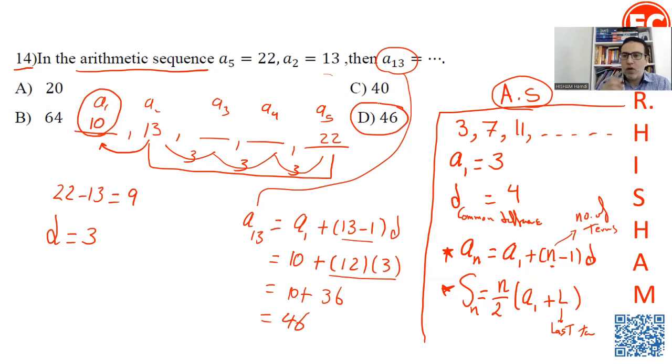I'm doing all the steps of working clearly for you to understand. This is what you need to know about the sum of an arithmetic sequence or a specific term, and how to find the common difference and the first term. It will give you easy questions in the exam.